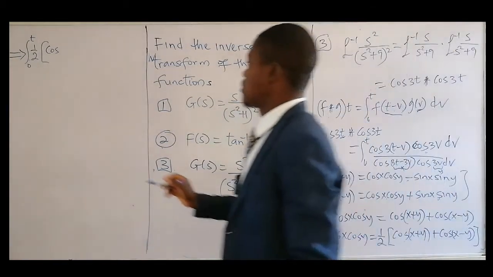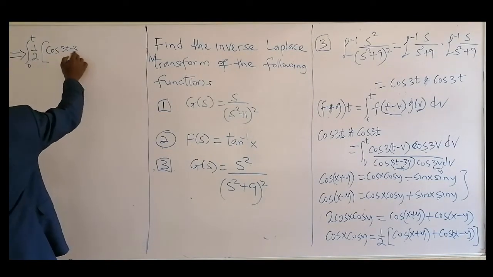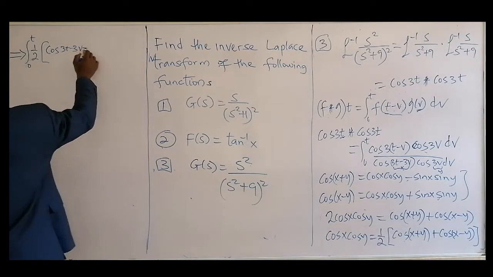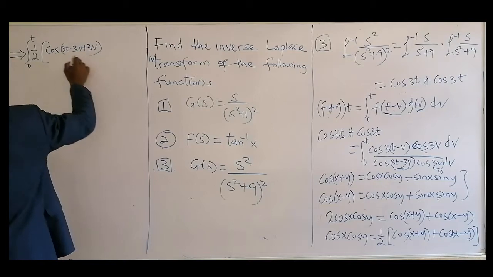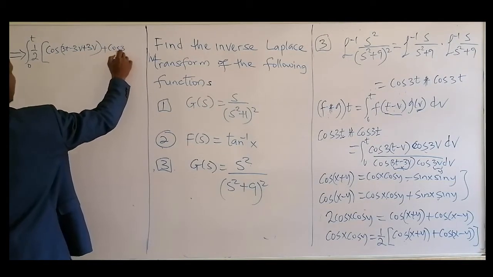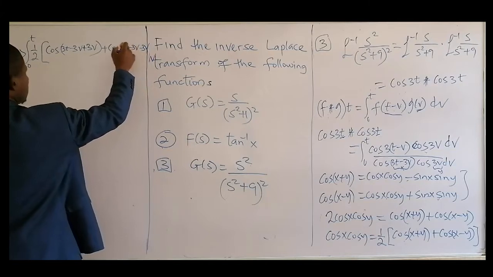That gives cos of 3t minus 3v plus 3v, plus cos of 3t minus 3v minus 3v.